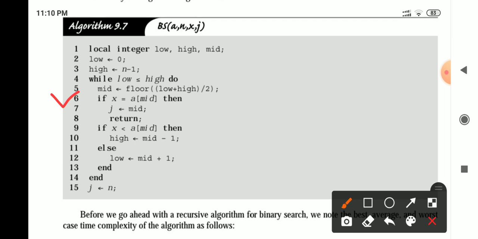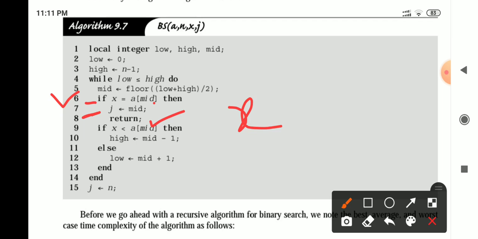Now we are going to check if x is equal to a of mid. If the value we are searching for is equal to that mid value, then we give that value as the search value, meaning our search is successful. So we store that value in J and then return from this algorithm.